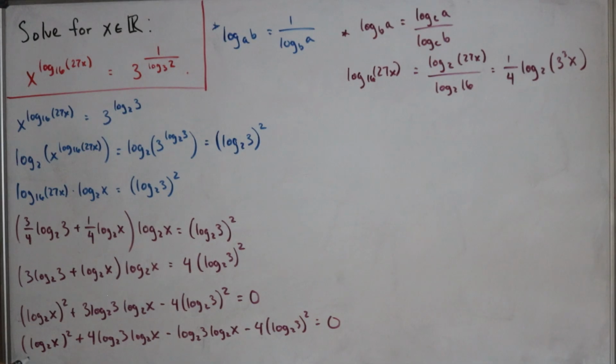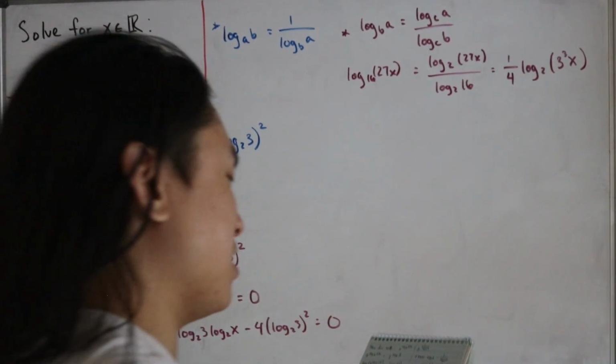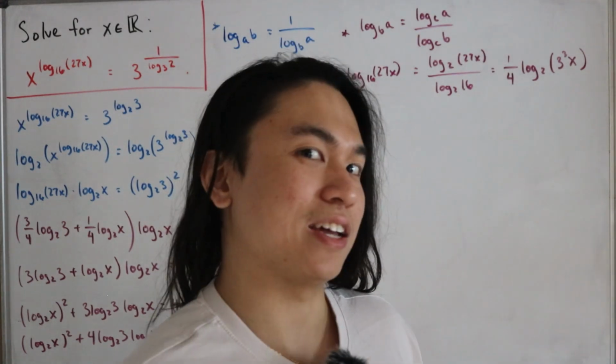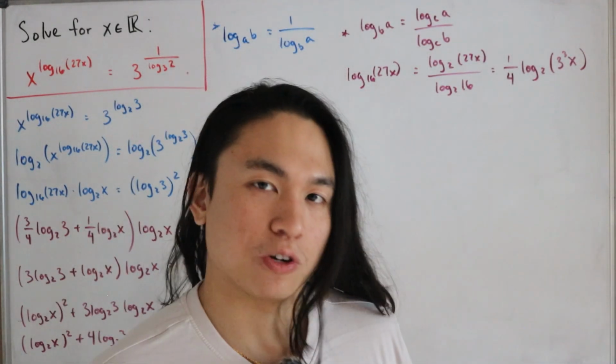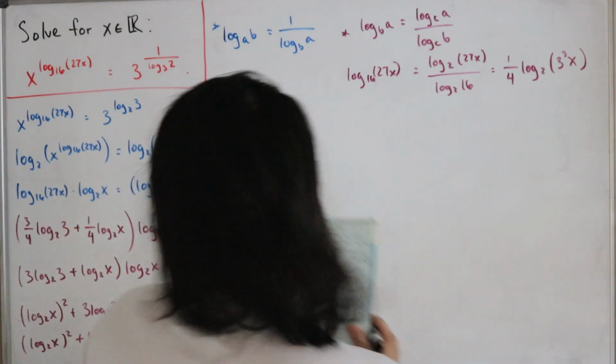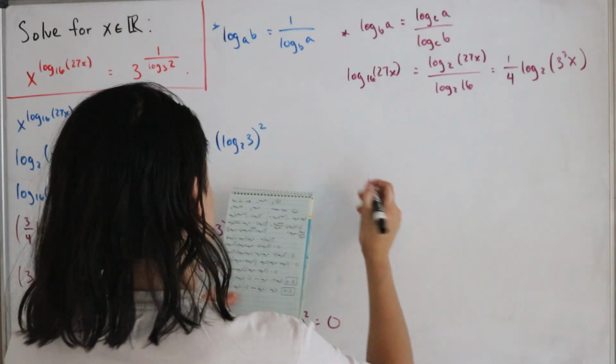What I can do here is factor out the log base 2 of x from the first two terms, and from these last two terms, I can factor out a log base 2 of 3. This is getting interesting because you can understand where I'm going with this. If you haven't, we're eventually going to get things in terms of a difference of squares. Before we get to that, let us write everything out in full.